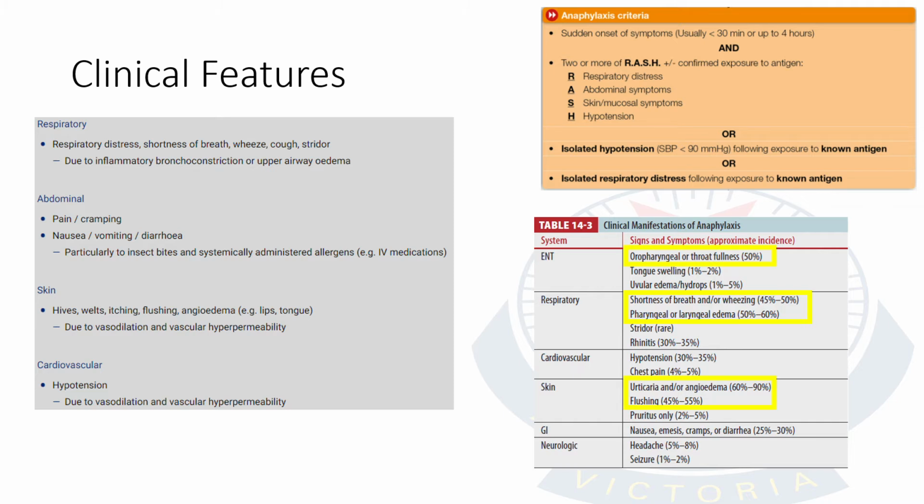Now, after discussing the pathophysiology of anaphylaxis, it makes the clinical features of anaphylaxis more understandable. When we discuss the histamine release causing smooth muscle contraction within the respiratory system and the gastrointestinal tract, it explains the respiratory and abdominal section within the clinical features. And the vasodilation from histamine leads to the skin and hypotension features.